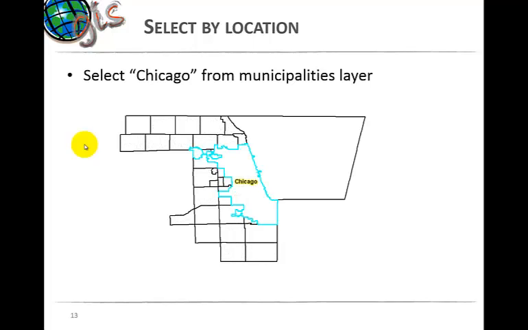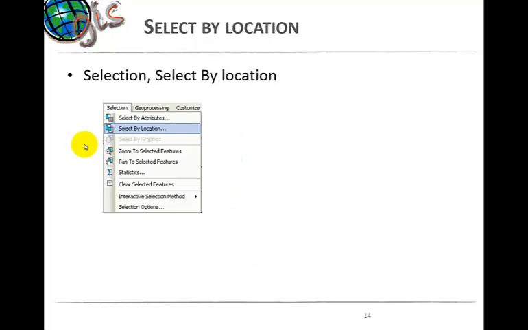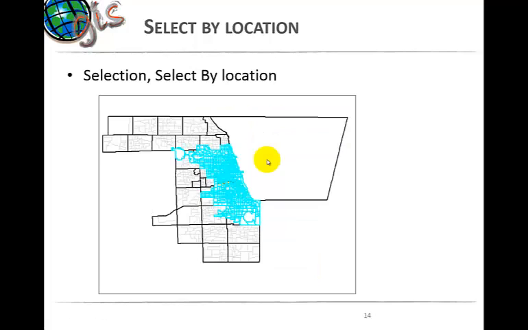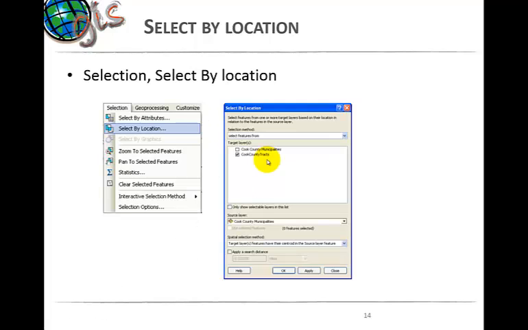So we have a municipalities layer, we select that, and then we go to select by location, and select features from Cook County census tracts, and then we select these options. We select the target layer, which is Cook County tracts, and the source layer would be Cook County municipalities.